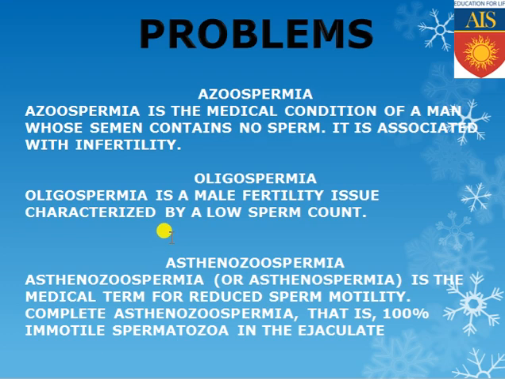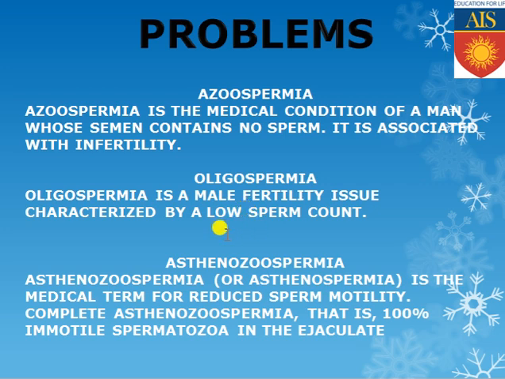That means absence of motile sperm in the semen, and it is obviously associated with infertility. Next one, oligospermia. Oligospermia means the sperm count in the semen is low. If the sperm count in male semen is less, then it is characterized as oligospermia.